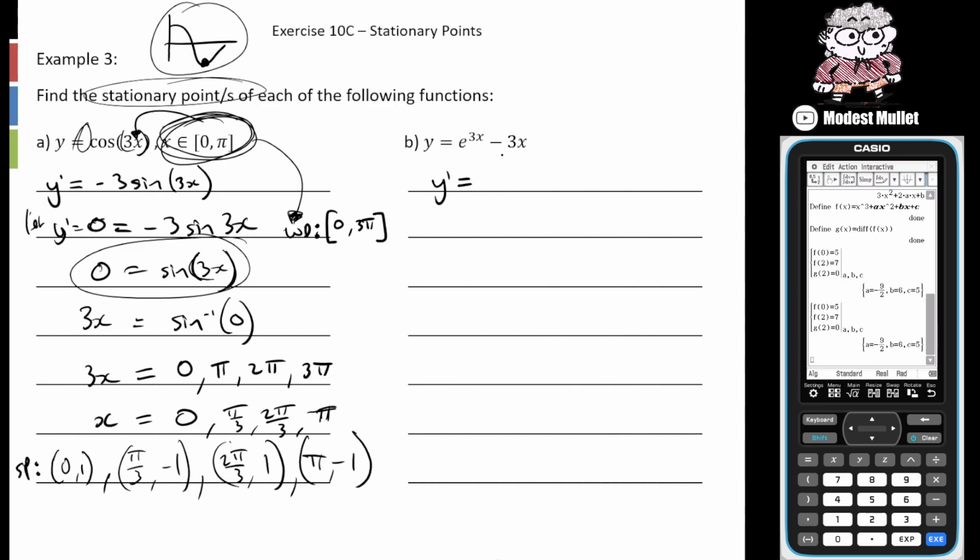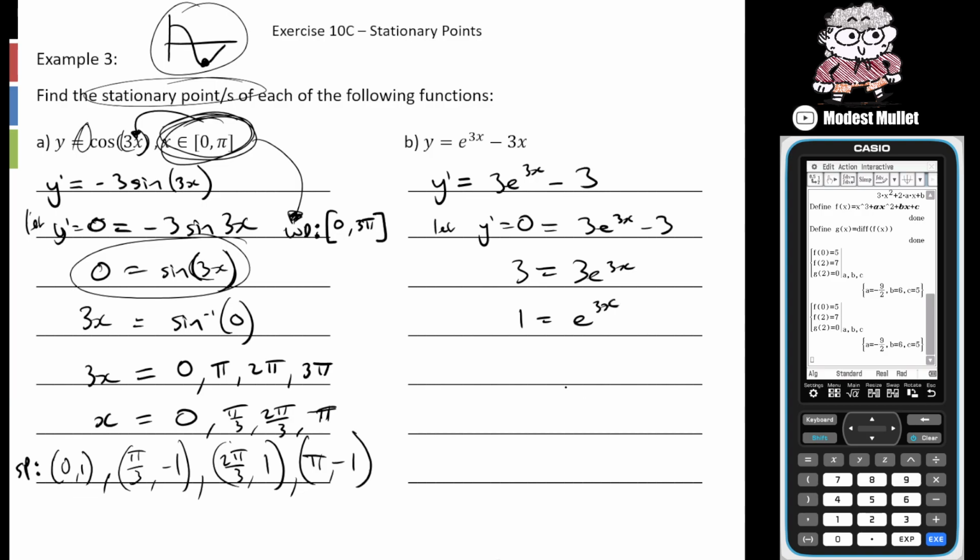y dash is equal to the derivative of e to the 3x, which is 3e to the 3x minus 3. Let y dash equal 0, so 0 is equal to 3e to the 3x minus 3. We get 3 is equal to 3e to the 3x. Divide both sides by 3, we get 1 is equal to e to the 3x.